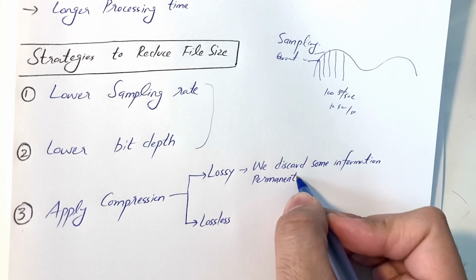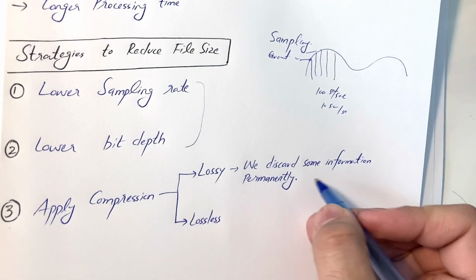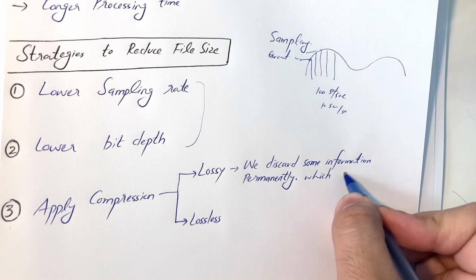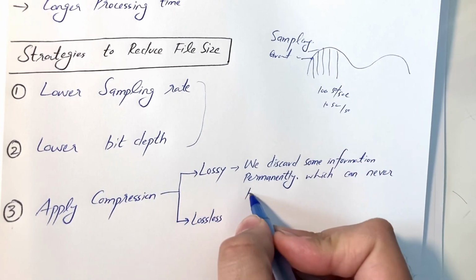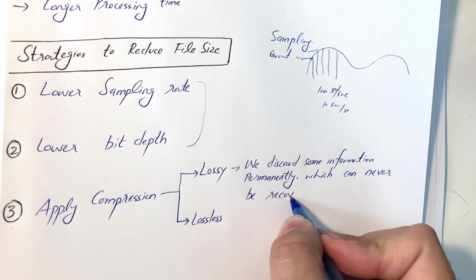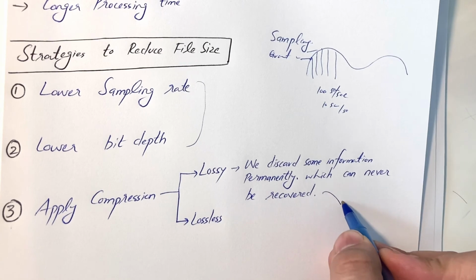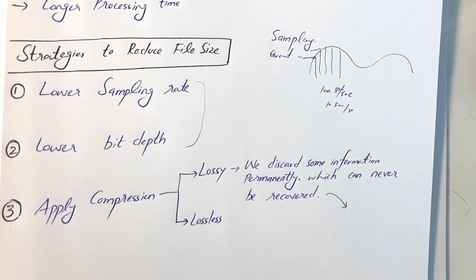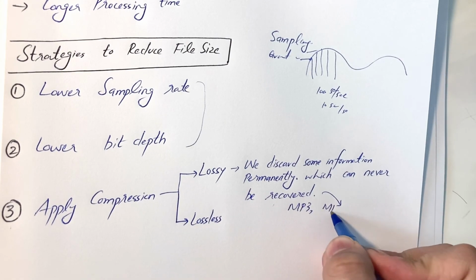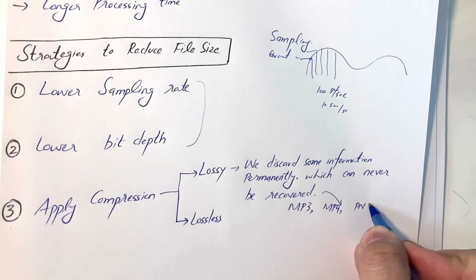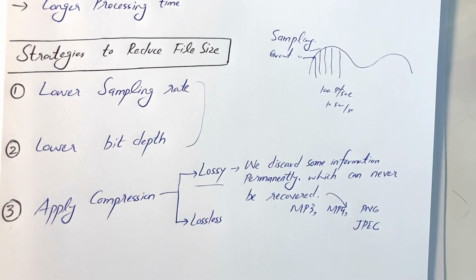That information can never be recovered. So please remember, very important: if you want to do further editing, we don't use a lossy compressed file. Examples of lossy compression files are MP3, MP4, PNG, JPEG. These are some of the examples of lossy compression.